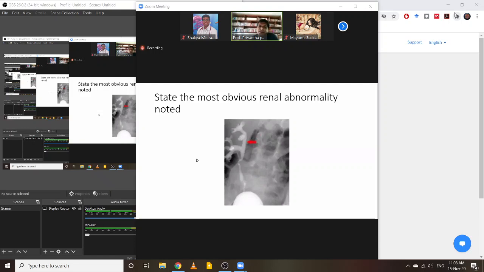If the two ureters are coming down, there is likely to be obstruction or reflux in those ureters. And the main problem with this is what?